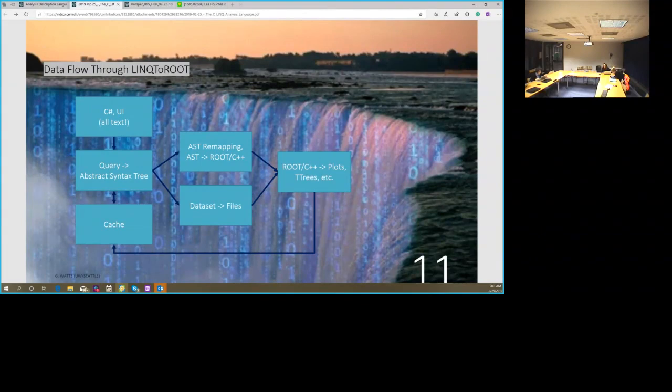And the other thing that I realized while I was doing this is this abstract syntax tree actually gives you the complete query. So for a while, I tried storing the abstract syntax tree in the JPEG that came out of a plot, for example, not the JPEG, the PNG or the PDF, because you can store extra binary blocks in those pictures.